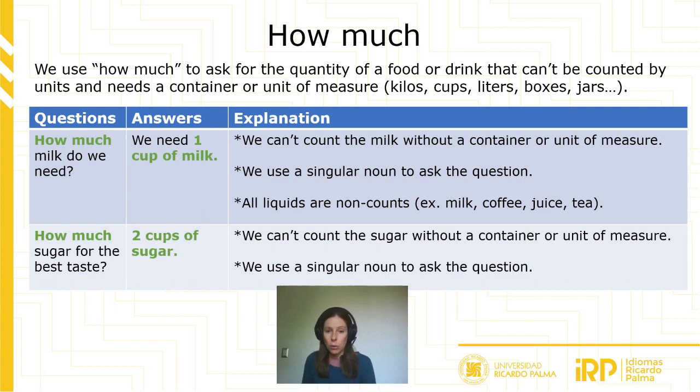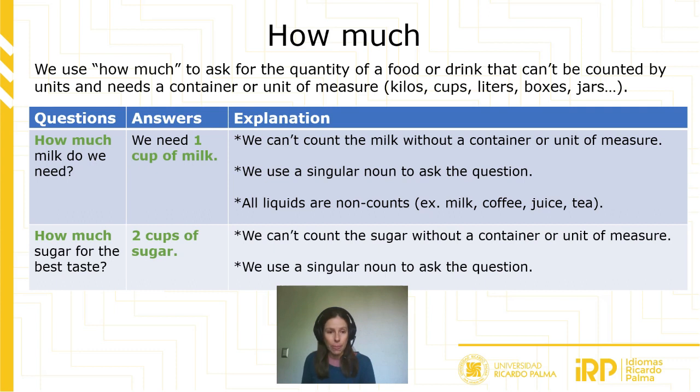So we can't count the milk without a container or unit of measure. In this case, we are using cups. As you can notice, milk is in its singular form and has no S. Okay, and all liquids are non-counts, such as milk, coffee, juice, tea.